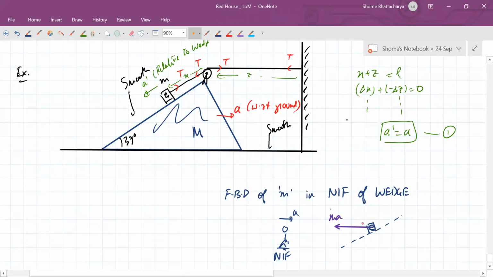There will be vertical weight mg, and there will be tension in this direction, T. And this one will have an acceleration in this direction which is equal to A in magnitude.